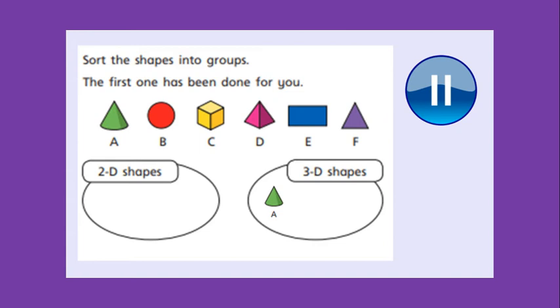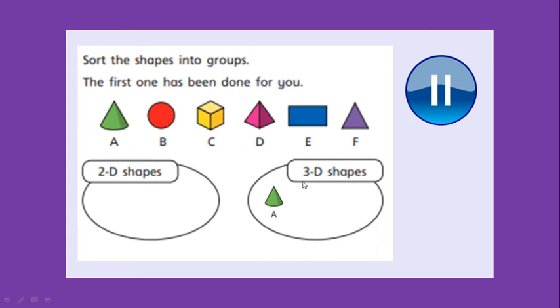Okay, we have now got a lovely page here, which is showing us a combination of 2D shapes, which are flat, and 3D shapes, which are a little bit poppy-outy. And what I'm going to do is tell you what they all are. So we've got here a cone.